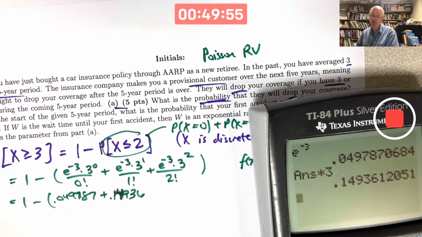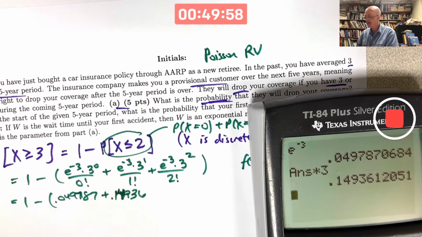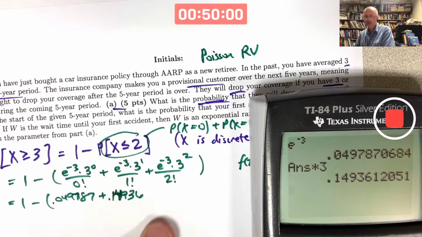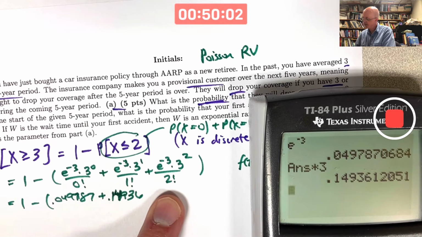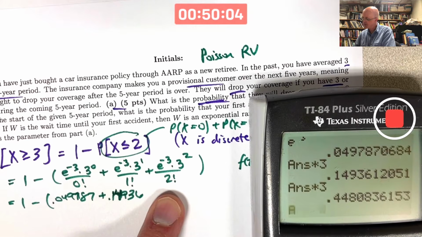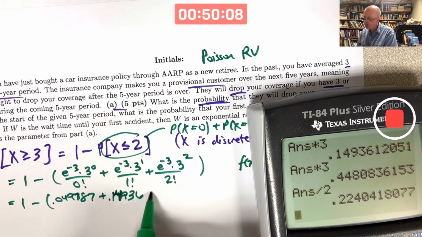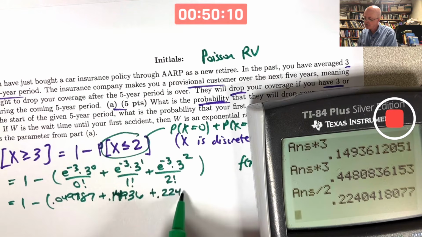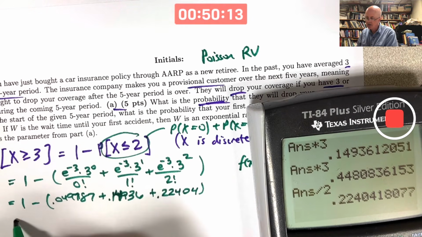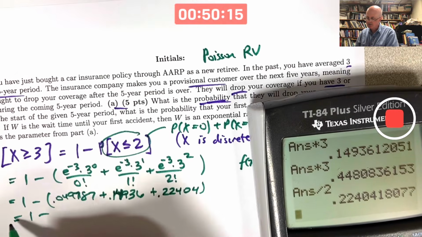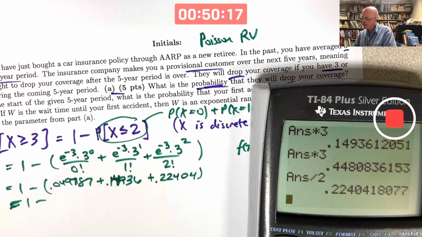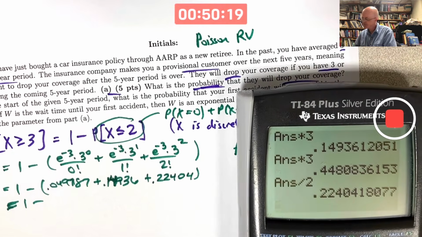It could be 1 year, 2 years, 5 years, or 10 minutes. Lots of different possibilities. And for this last one, I need to multiply by another factor of 3 and divide by a factor of 2. Looks to be 0.22404. We'll go ahead and approximate here. So add these numbers.